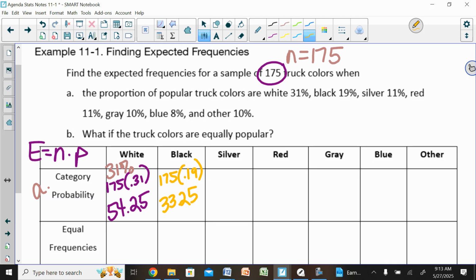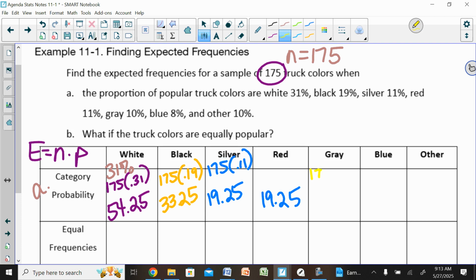I want to talk about that decimal. Silver, our probability is 11%, so we're going to take our 175 times our 0.11, and we're going to get 19.25. Red is the same 11%, so another 19.25. Gray is, what, 10%?